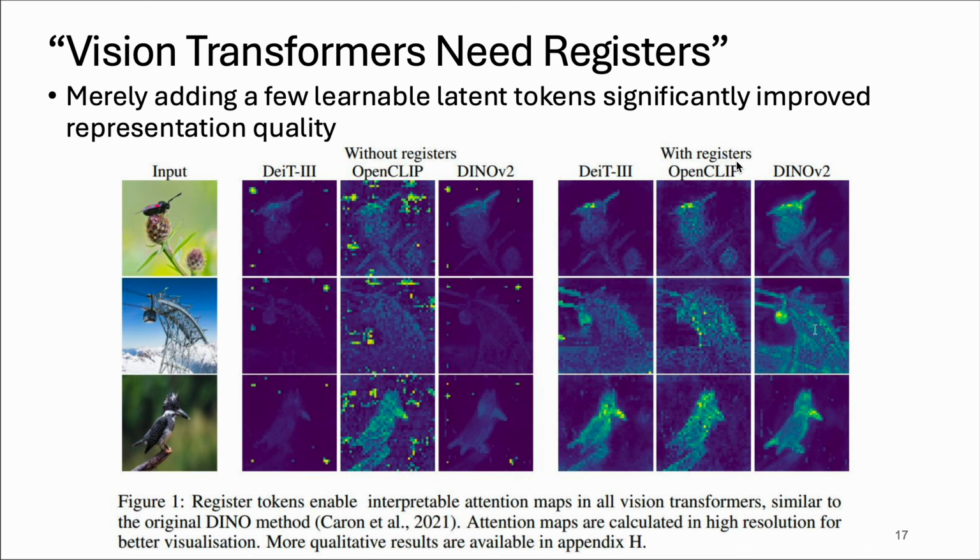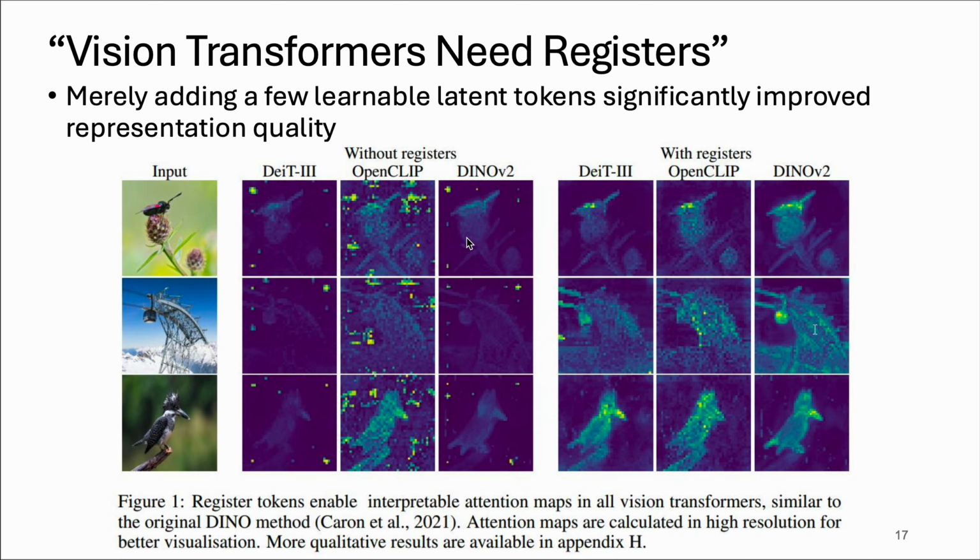If we add these register tokens to the transformer model, then everything looks clear. The background appears as an evenly dark region, and the foreground has a high intensity, indicating the foreground will be assigned higher weight when calculating the attention.